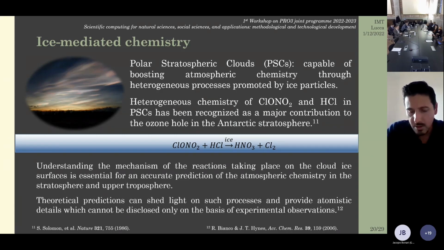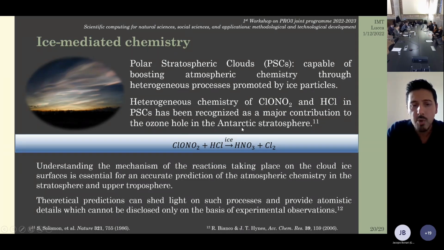Indeed, the extent of the ozone hole in Antarctica wasn't explainable by considering only a gas phase reactivity, but rather it was explained by considering the processes occurring on the icy particles contained in the polar stratospheric clouds.